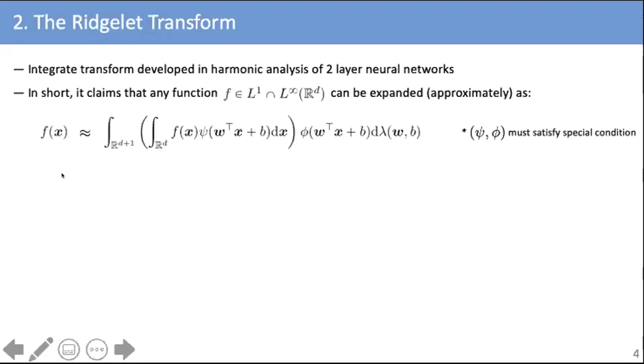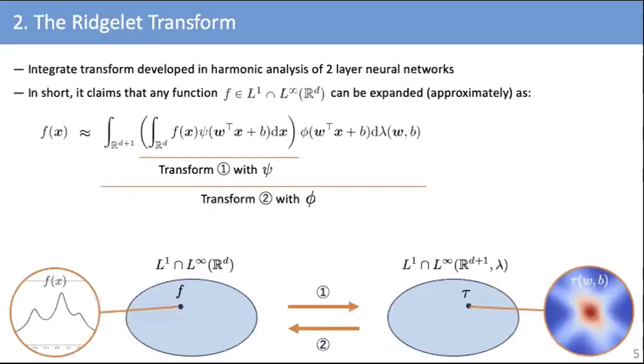As we can see here, this equation consists of 2 parts, the first integral and the second integral. In the first part, the original function f is integrated together with some function psi, which has parameters w and b. This integral transforms the function f to another function tau, as illustrated at the bottom here.